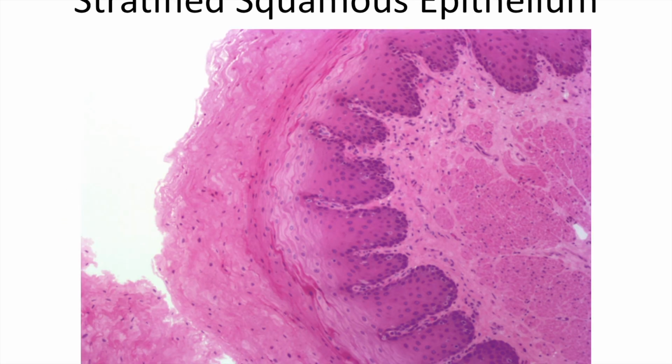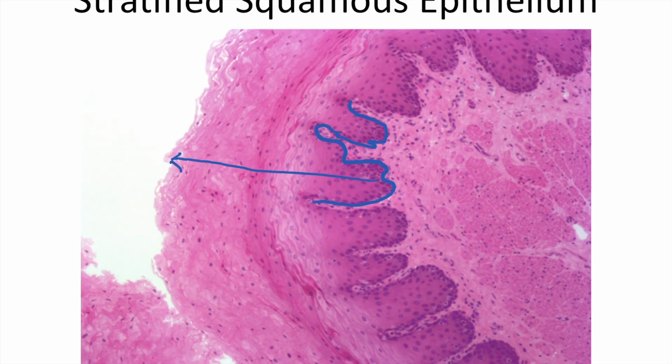Our next type of tissue is stratified squamous epithelium. The basement membrane for stratified squamous epithelium is down here, outlining it here in blue, at least part of it. So the epithelium goes from this basement membrane to the surface.